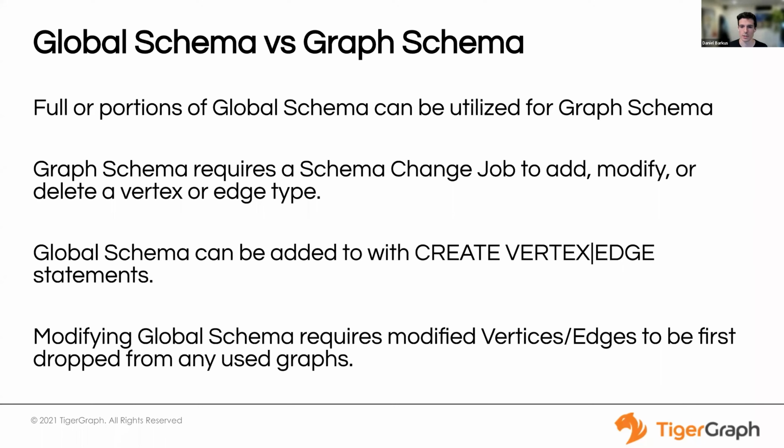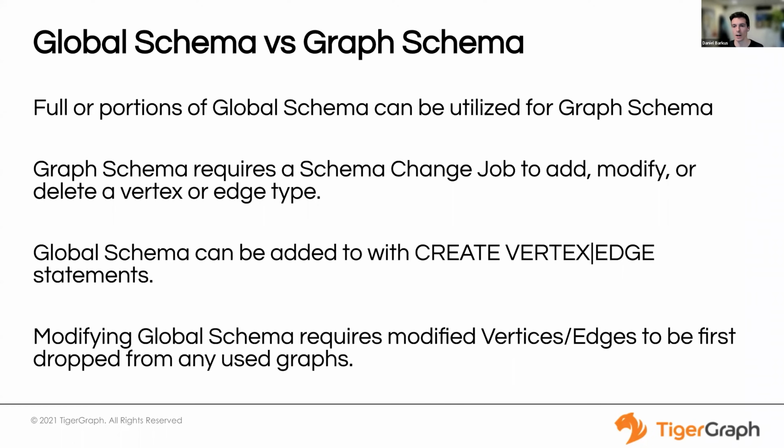But there are some caveats. If you have a global schema and you've imported some of that into a graph, and you then want to make a change to that global schema, then any of those vertices or edges that you are looking to change will need to be first dropped from any graphs that use them. They will need to be changed on the global level and then brought back into the graphs that use them.